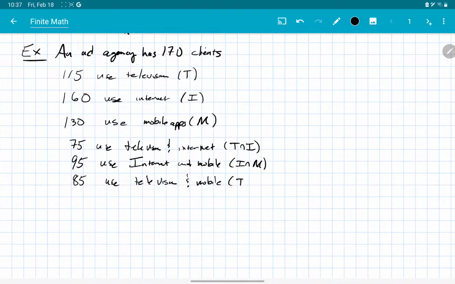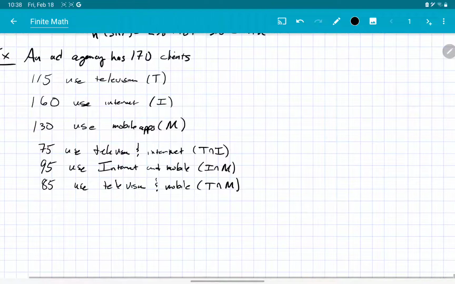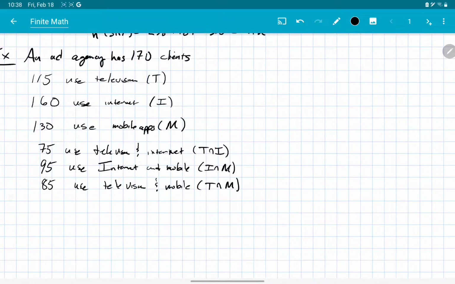That would be T intersect M. And then lastly, 70 use all three. That's T intersect M intersect I. Now what we want to do is draw the Venn diagram and label all the regions appropriately.